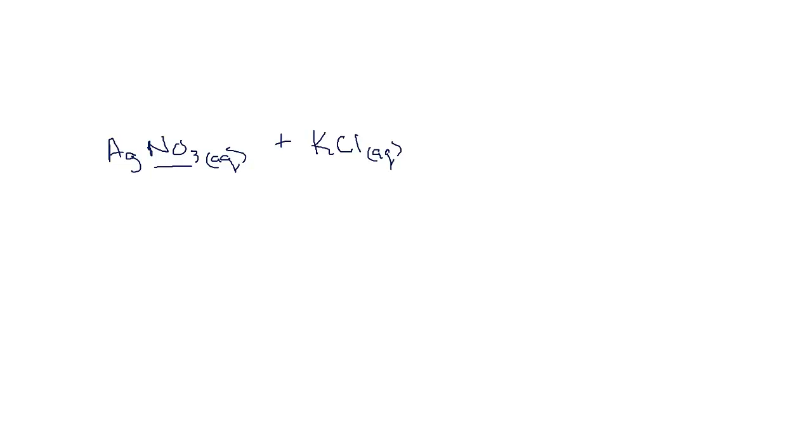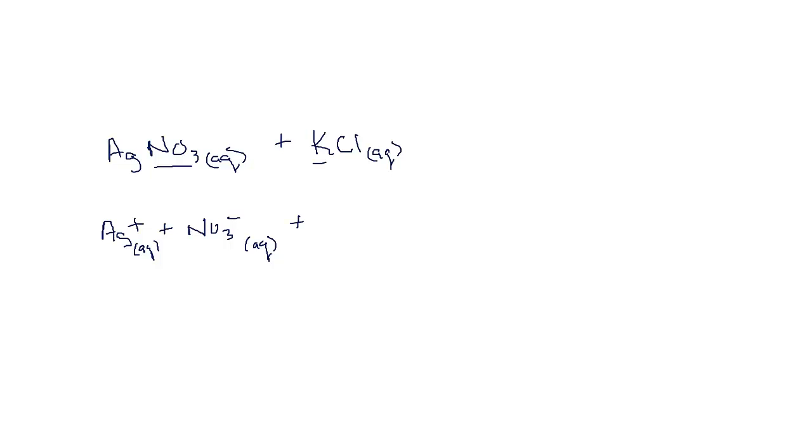And so what we actually have in water is silver ions plus nitrate ions. And so this would be aqueous, and this would be aqueous. All right. And then we have to evaluate the potassium chloride.